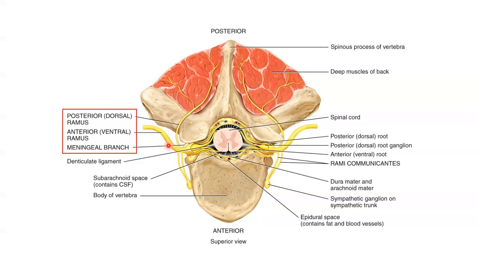We have our anterior ramus. So that's innervating the muscles of the upper and the lower limbs, so our arms and our legs, as well as the skin on the side and front of our body. And then this little section here is our meningeal branch, and you can see that comes back into the intervertebral foramen and then innervates those structures in there.